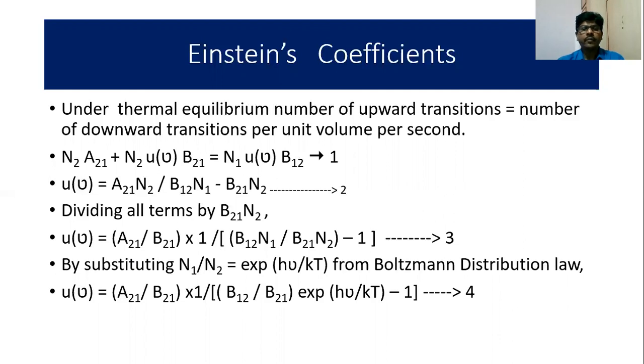By substituting N1 by N2 is equal to exponential of h nu by kT from Boltzmann distribution law, we get an expression for U nu equal to A21 by B21 into 1 divided by (B12 by B21 exponential of h nu by kT minus 1). We shall keep this as expression number 4.